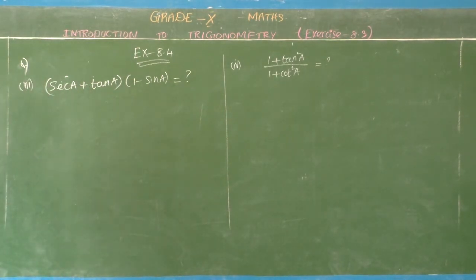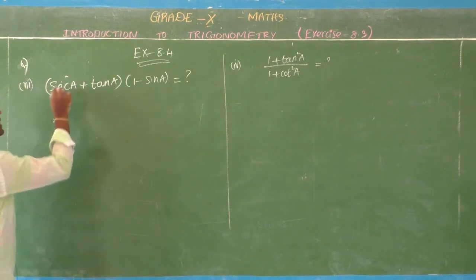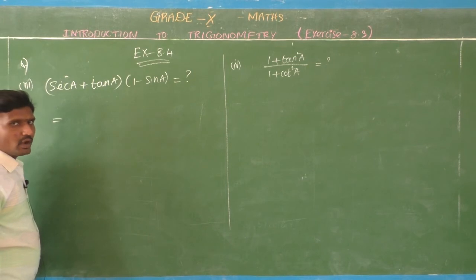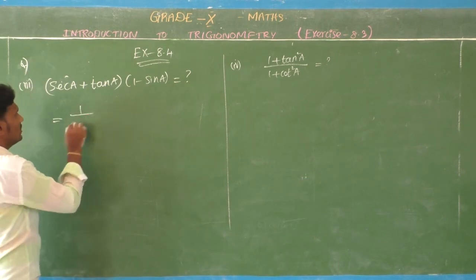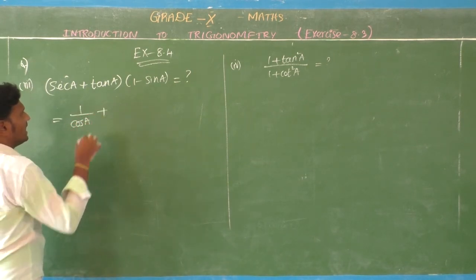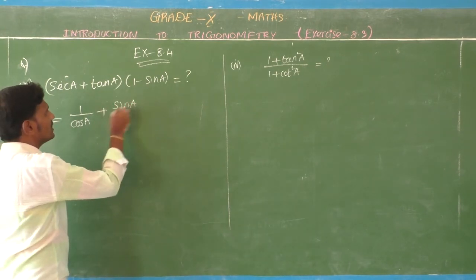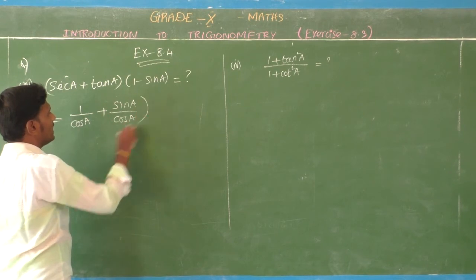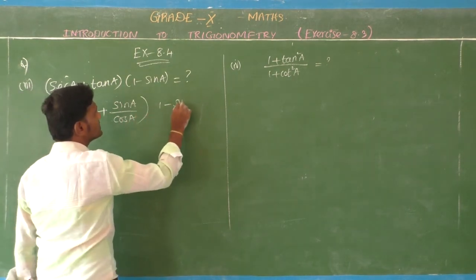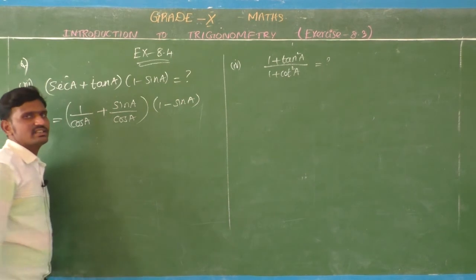Now use the reciprocal relation to prove. Secant means 1 by cos, already you know very well. So 1 by cos A plus tan A means sin A by cos A, right? So sin A by cos A into 1 minus sin A.